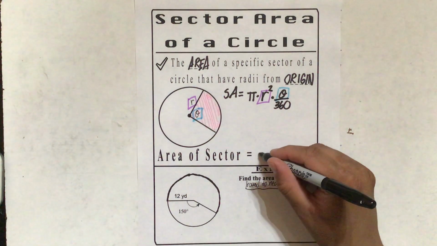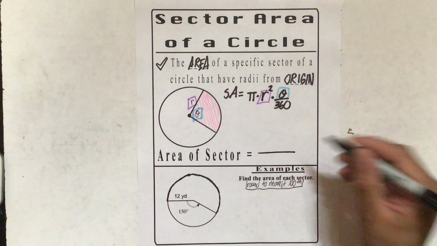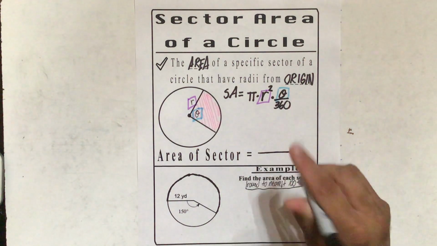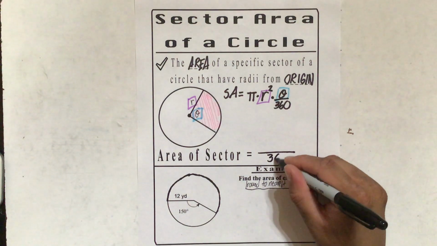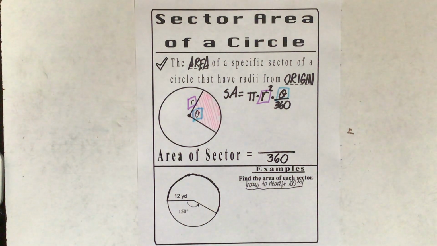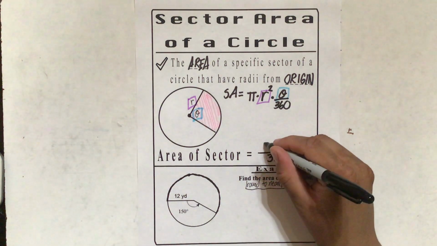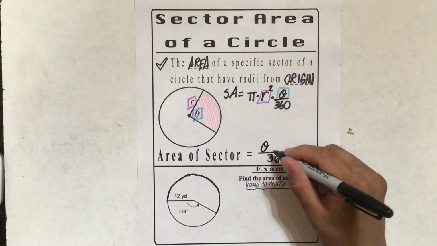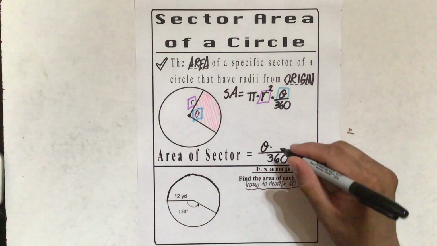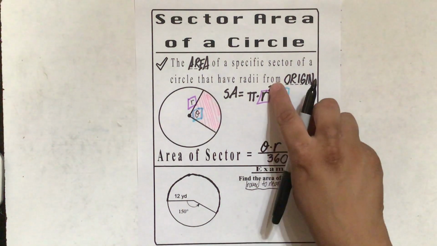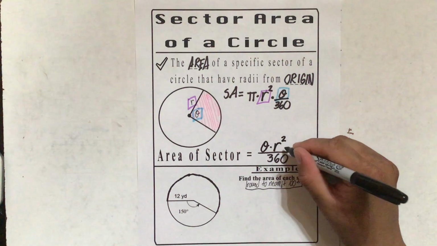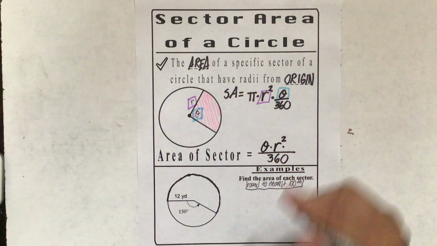With arc length, we had one big division line and the bottom is 360. On top, what's left? On the arc length, I put theta first, so I'm going to put theta first here also. Times r second, but this time r has a little square in it, times pi at the end.